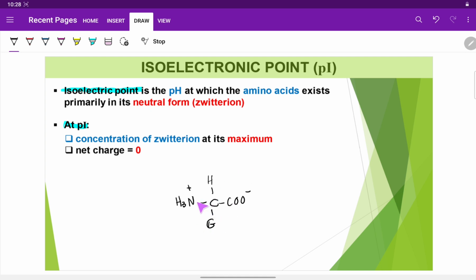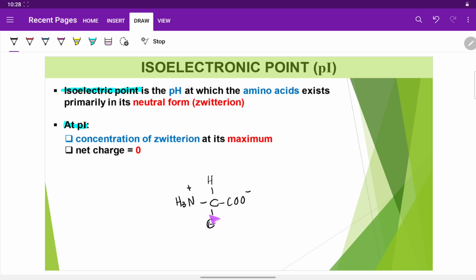Untuk setiap amino acid, the 20 amino acids that we discussed just now, setiap satu tu akan exist as a zwitter ion at different isoelectric point. So, maksudnya the maximum concentration of the zwitter ion.